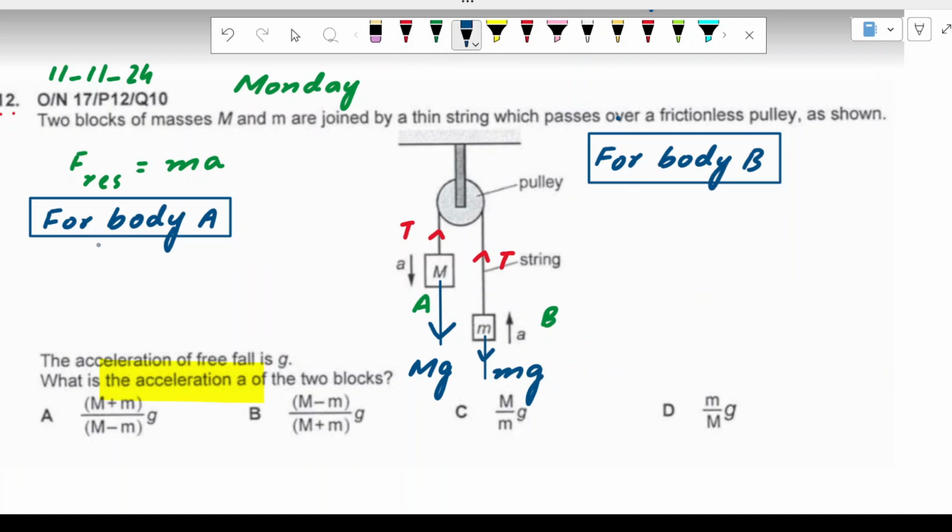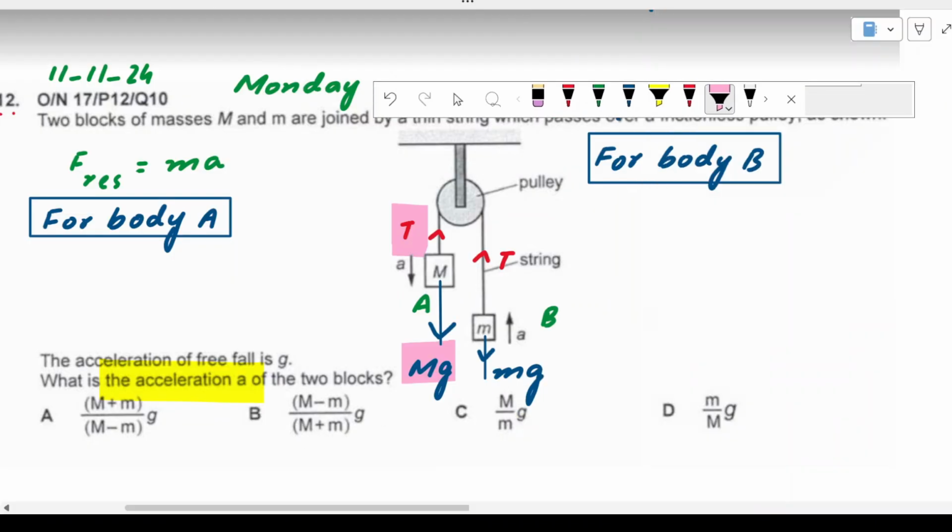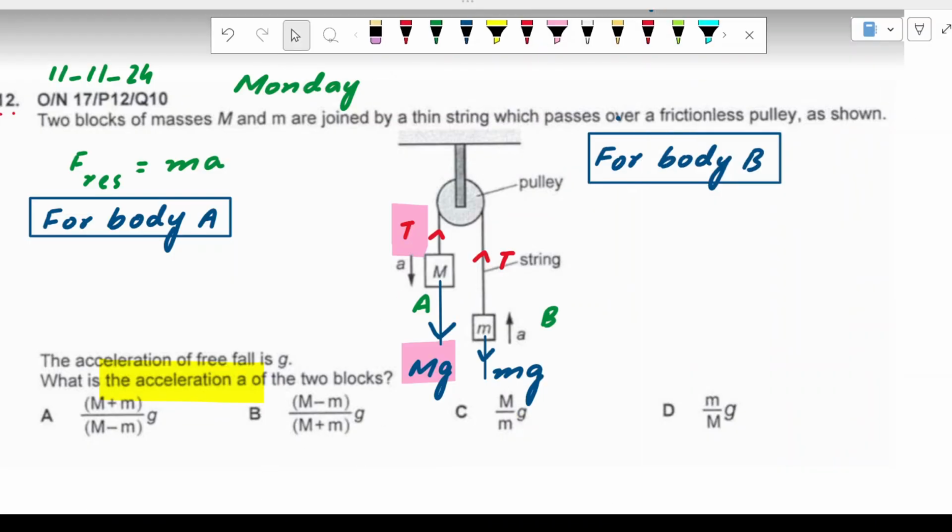So let me apply F resultant equals ma on the left side, on the body A. For the body A, we have two forces, the ones I have highlighted over here.